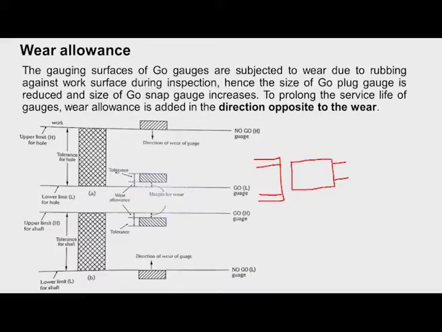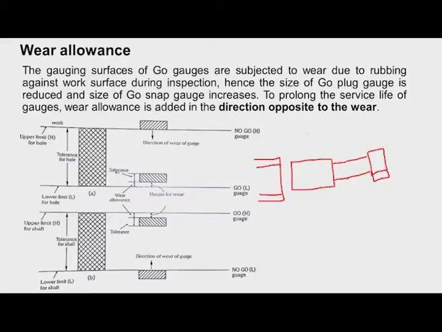So we are using the say double ended go no go gauge. So no go size will be bigger. Now this go end will enter into this and there will be contact between the gauge surface and the work surface. So there will always be wear occurring on the gauging surfaces.